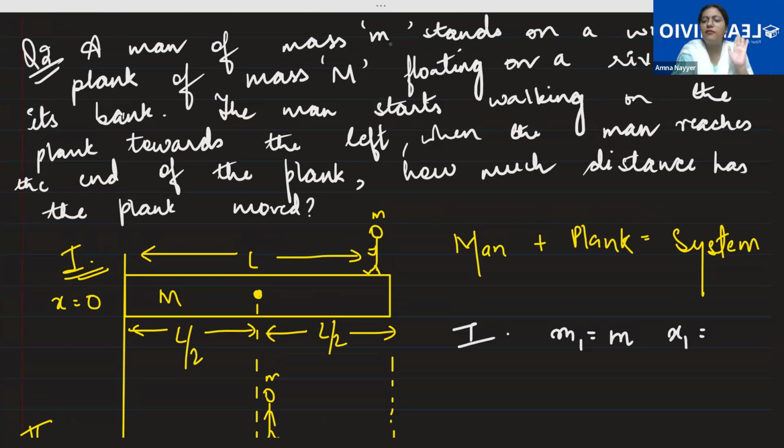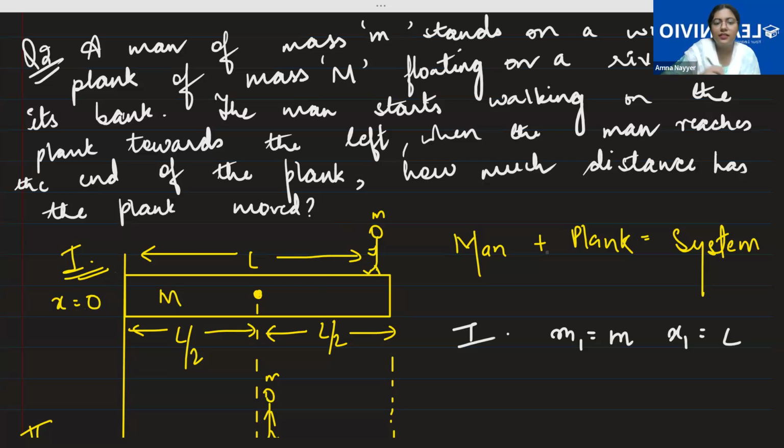Anyways, this is our main reference axis, that is x equal to 0. Where is the man standing from the bank? L. So he is standing at a distance of L. Clear? Okay. All right.